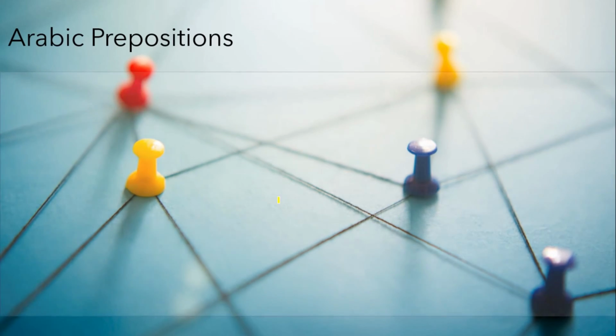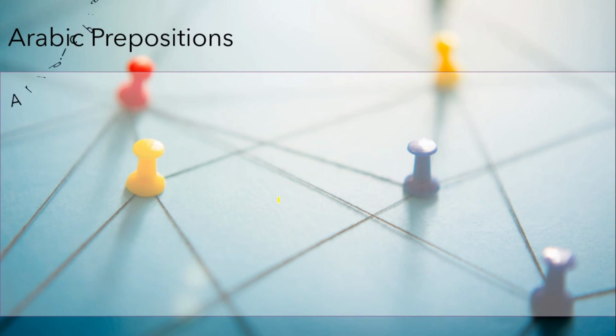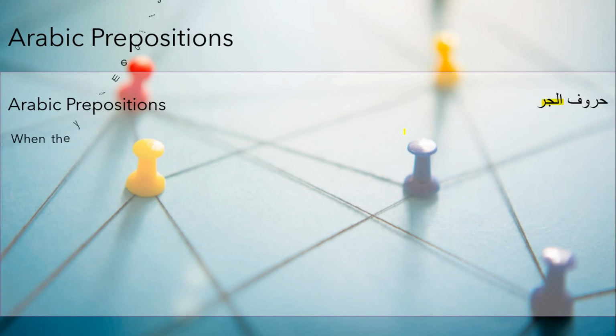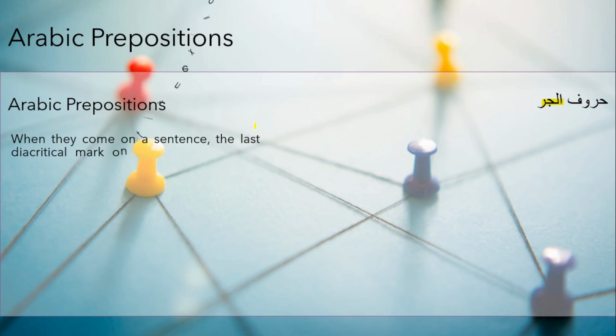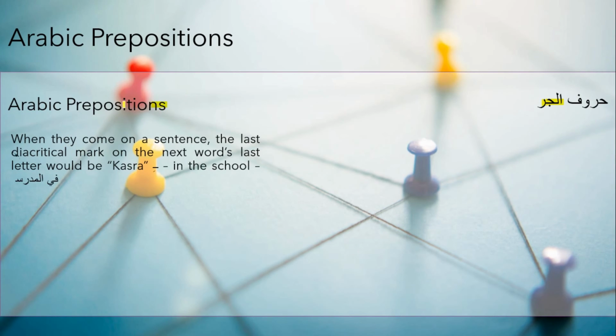Now let's go to the Arabic prepositions, which are the حروف الجر. When those prepositions come in a sentence, the last diacritical mark on the next word would be kasra. So if you're saying in the school, which is في المدرسة, you would say في المدرسةِ.